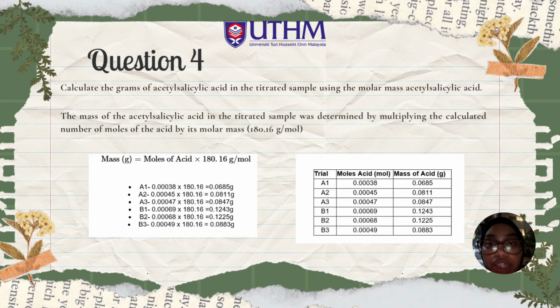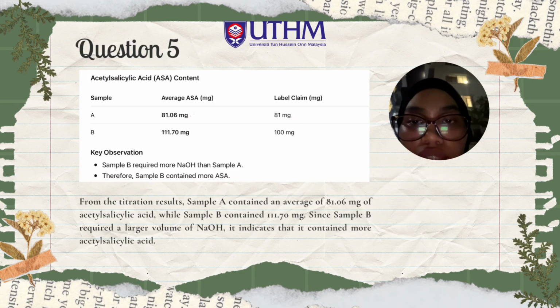Question 4. Calculate the grams of acetylsalicylic acid in the titrated sample using the molar mass of acetylsalicylic acid. The mass of acetylsalicylic acid in the titrated sample was determined by multiplying the calculated number of moles of the acid by its molar mass, which is 180.16 grams per mole. After the calculation, the answer is in the table below.